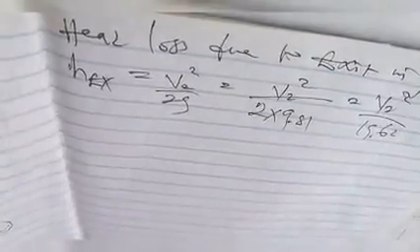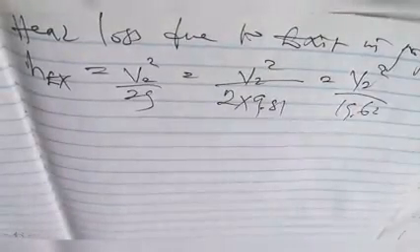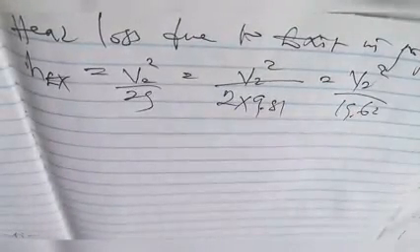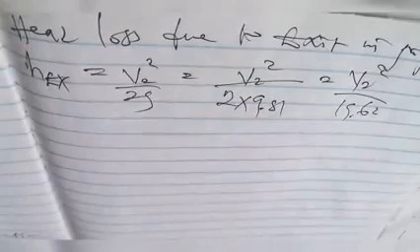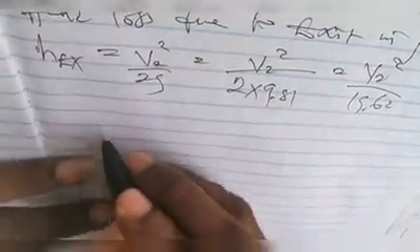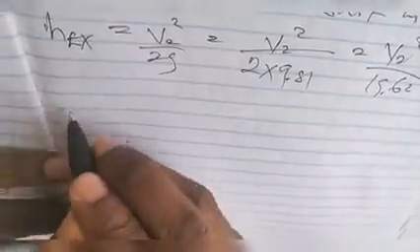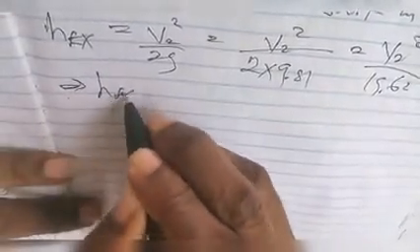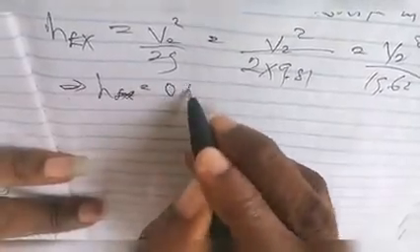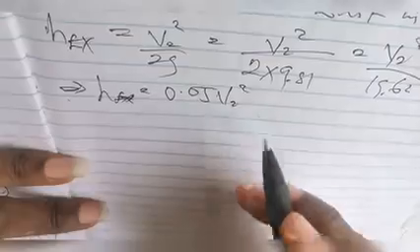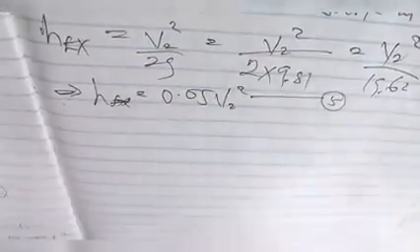So invariably, all you're doing is 1 divided by 19.62, which will give us 0.05. So this simply implies that head loss due to exit is 0.05 V2 squared. Call this equation 5.